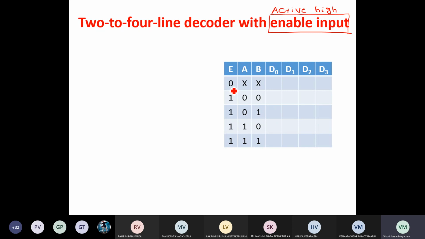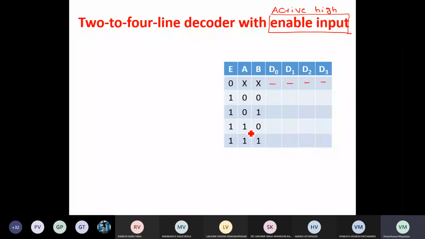Because if the enable input is 0, irrespective of the values of A and B, we will not get any output. The output is not enabled. Such a case is called active high enable input. If the enable input is 1, then the corresponding information will get the output.